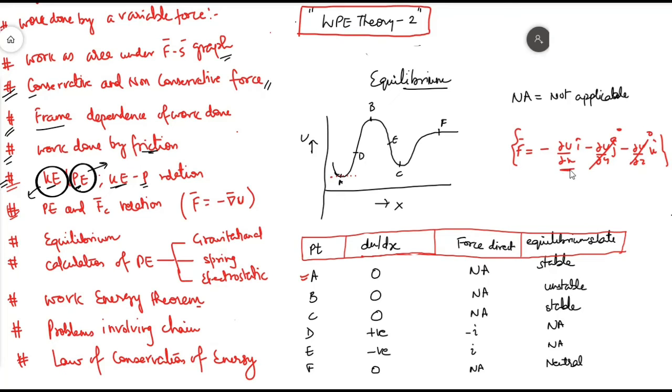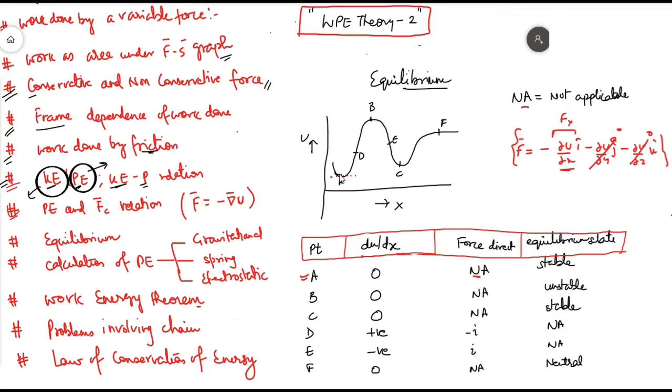I'm just dealing with differentiation in x. So F is just going to have an x component. F in the y direction is going to be 0, F in the z direction is going to be 0. So at point A the slope of the curve is 0, so you cannot define the force direction. It is going to be NA, which stands for not applicable.